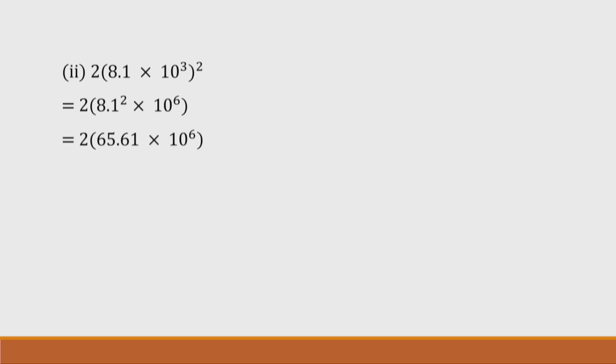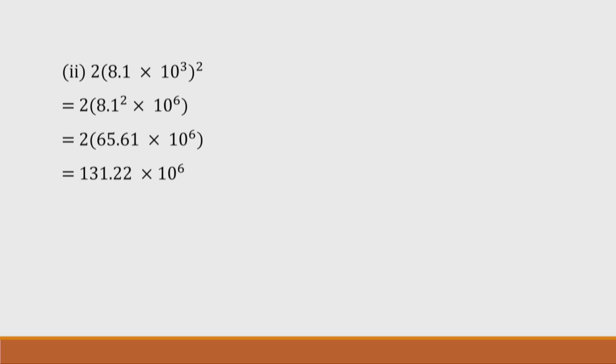Now 8.1 squared is equal to 65.61. Now 2 times 65.61 is 131.22 times 10 to the power of 6.